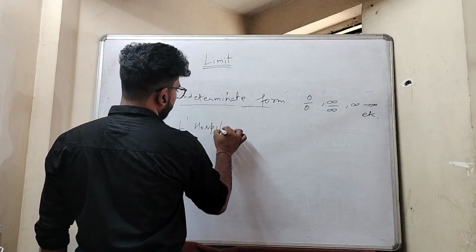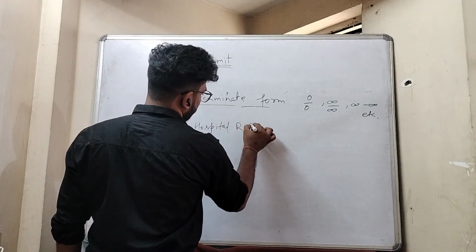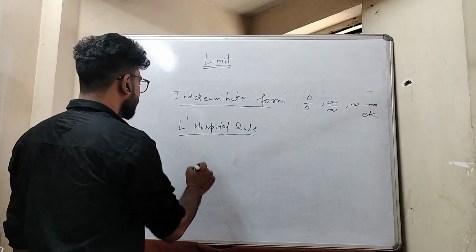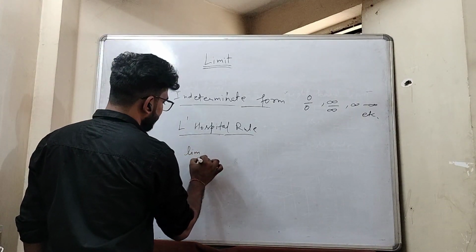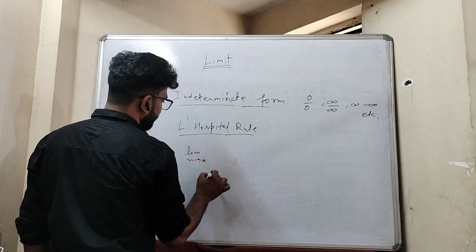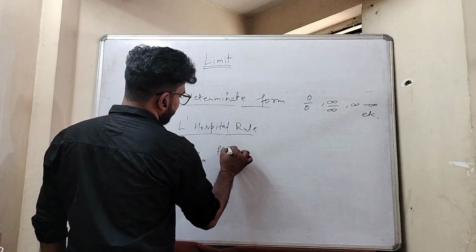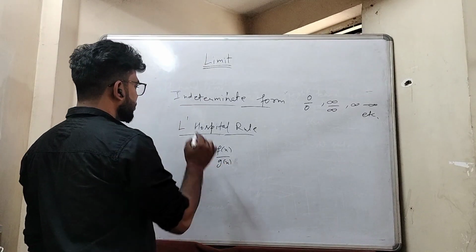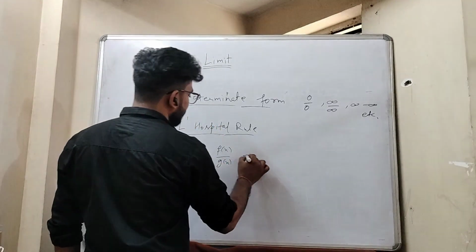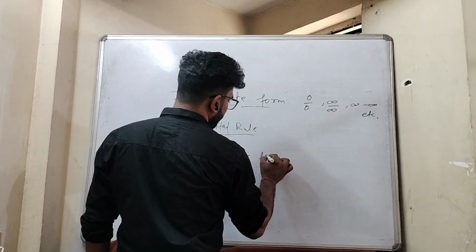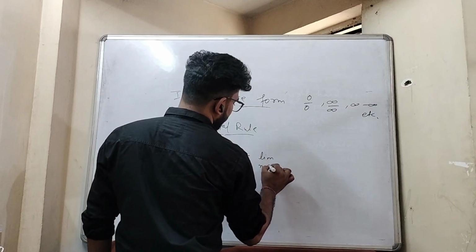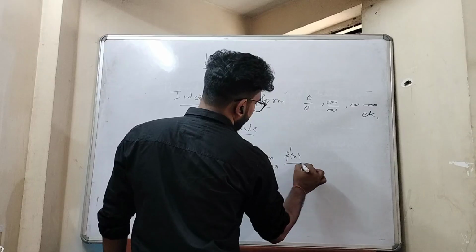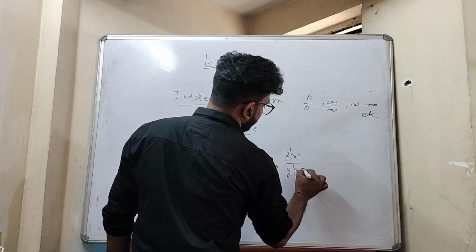L'Hospital rule. What this rule says is that suppose you are going to find the limit as x tends to a of the function f of x upon g of x. According to this rule, this limit is equal to the limit as x tends to a of f dash of x upon g dash of x.